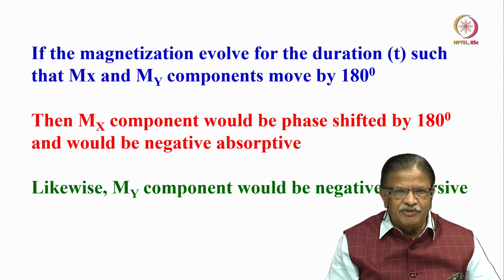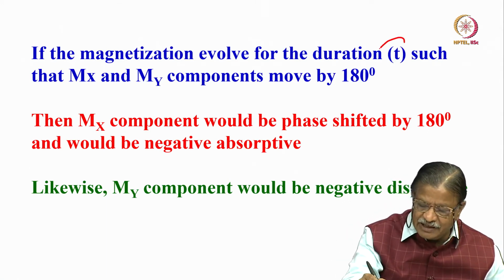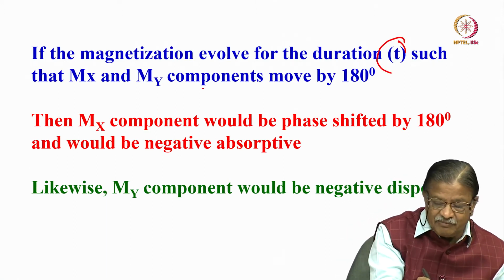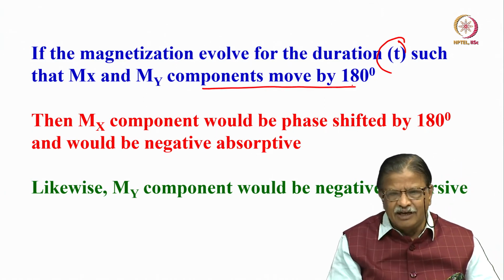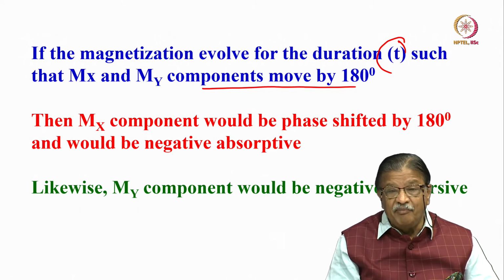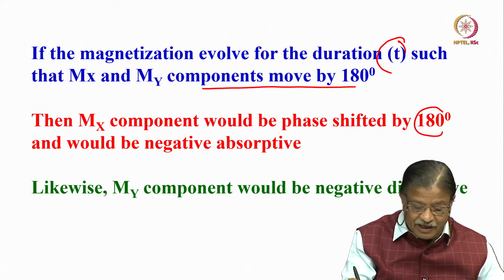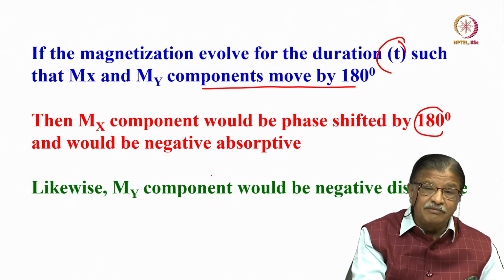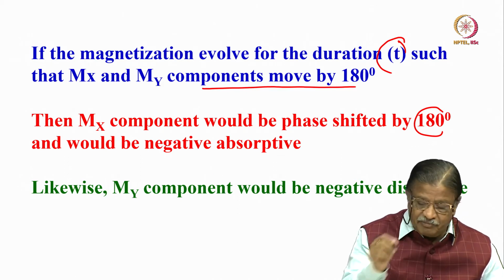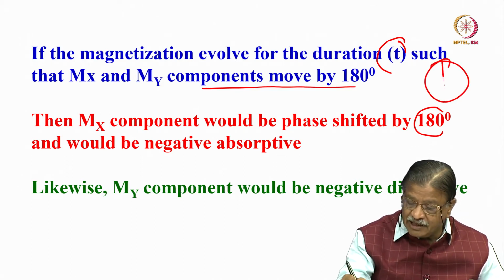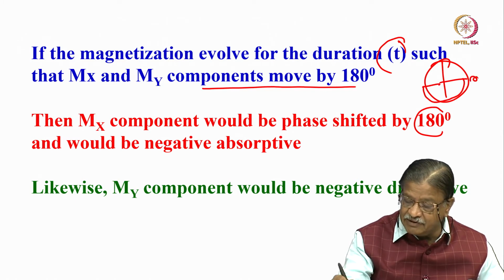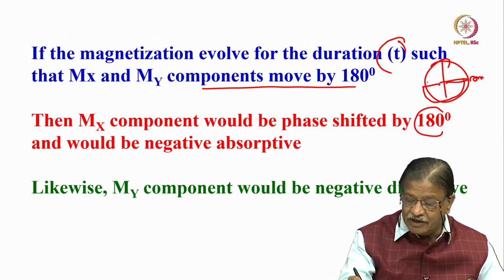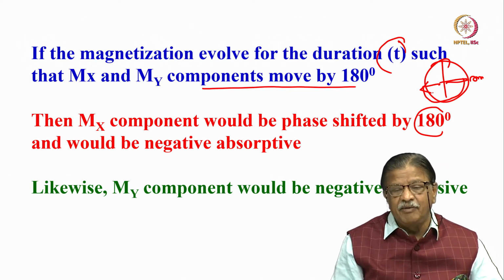Okay. Now if the magnetization evolved for a duration t such that the Mx and My components move by 180 degrees, not 90, then what will happen? The Mx component will be phase shifted by 180 degrees, and that will become negative absorption, because from here it started moving like this and it has come to this axis. The receiver is here, so instead of plus x, you are going to have the signal on the minus x axis.